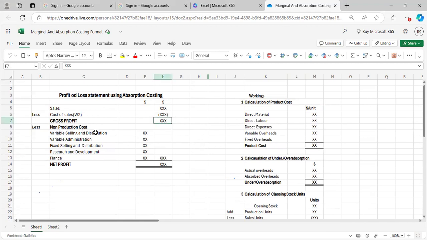Then we deduct non-production costs: variable selling and distribution, variable administration, fixed and finance, research and development expenses. We deduct all these costs given in the question from the gross profit and we get the net profit or loss figure. This is the proforma for absorption costing.